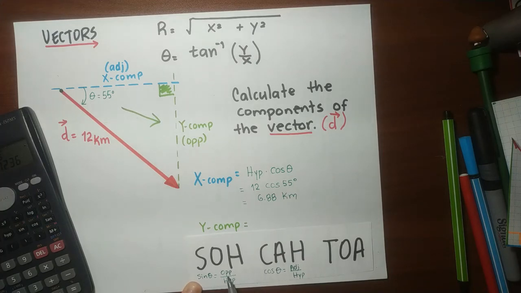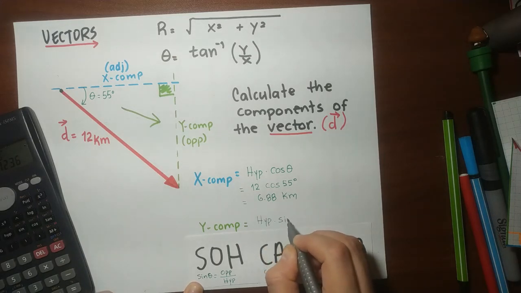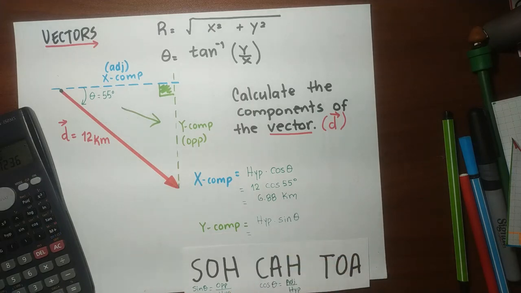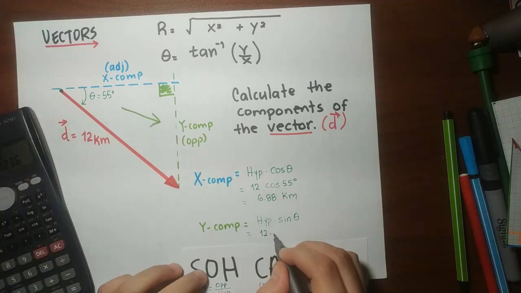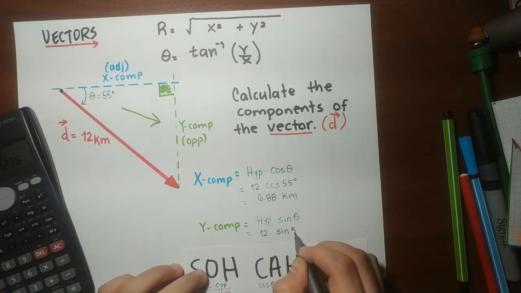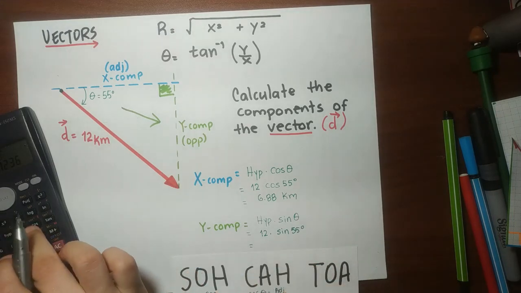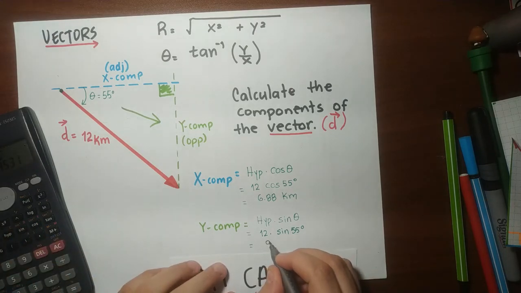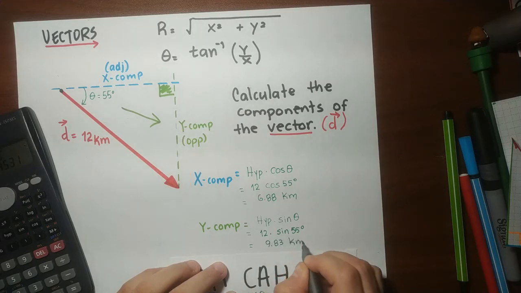If you isolate for opposite, hypotenuse goes to the other side to multiply. So you will have your hypotenuse times the sine of the angle. Hypotenuse is the size of your vector, 12 kilometers, times the sine of 55 degrees. 12 sine 55 gives me 9.83 kilometers.